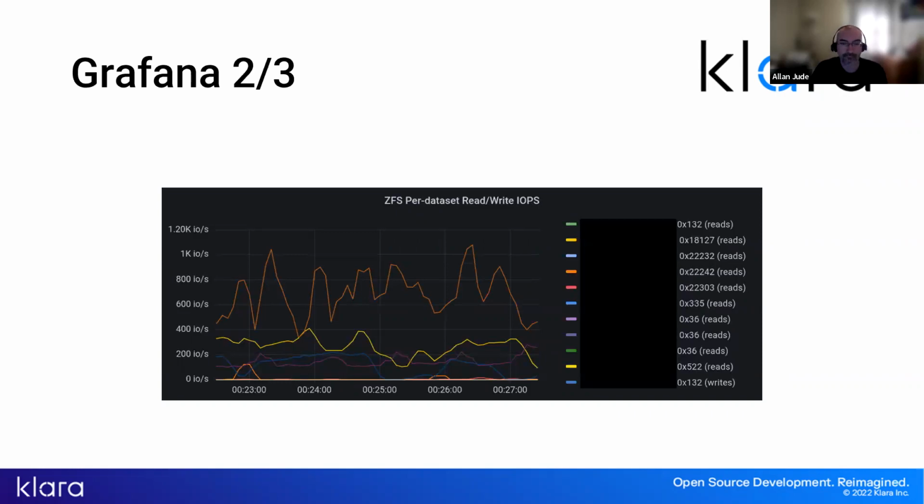And then over here, we see the rundown of write and read IOPS per dataset. As you can see on the right side, we have those hex numbers again, which represent the datasets. If you play around with it a bit more, you can have the dataset names in there if necessary.